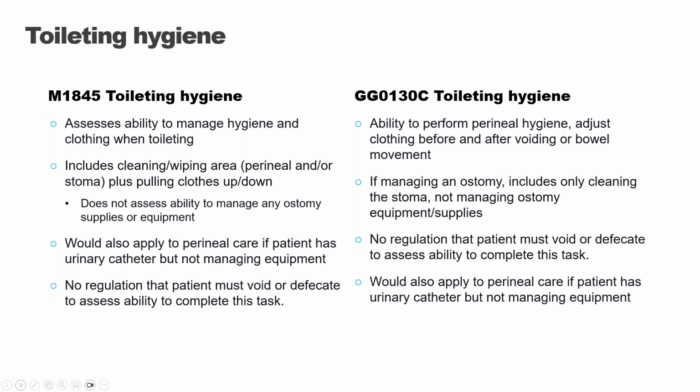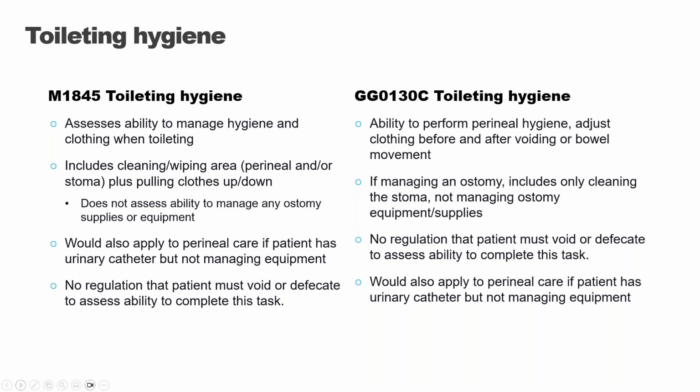Now, it does not assess the ability to manage any ostomy supplies or equipment, but the ostomy itself. This would also apply to perineal care if the patient had a urinary catheter, but not managing that equipment. There's no regulation that the patient must void or defecate to assess the ability to complete this task.